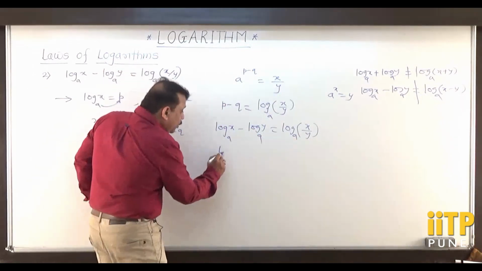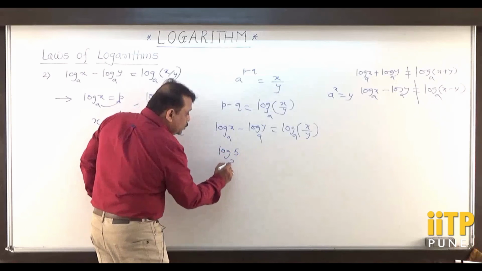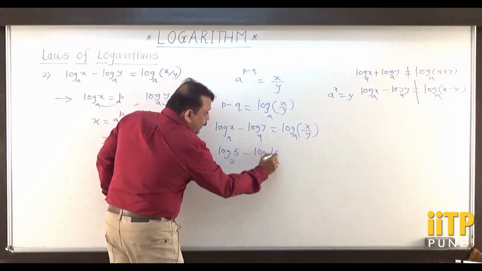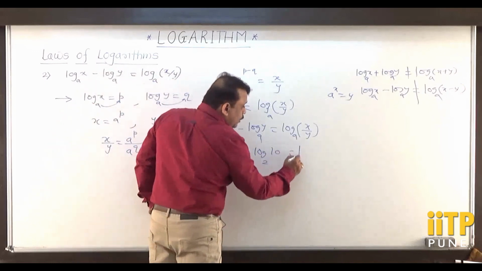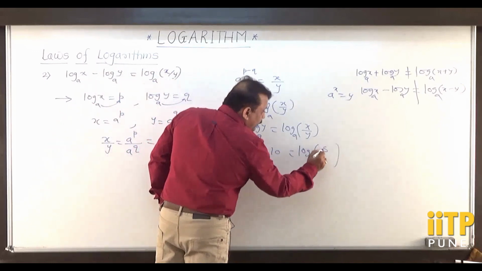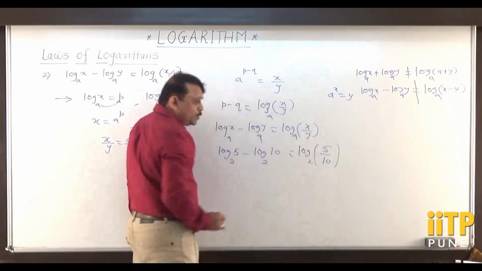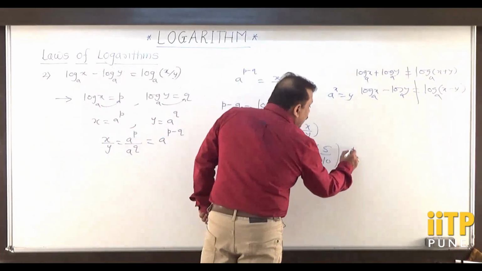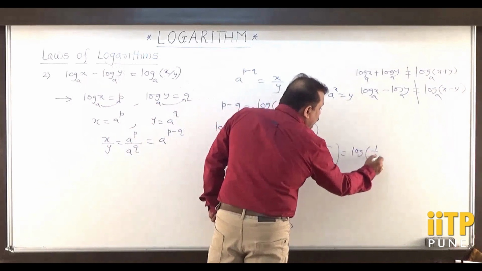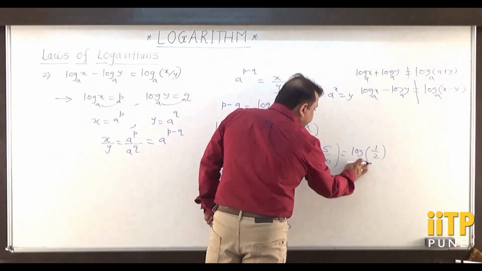For example, log 5 to the base 2 minus log 10 to the base 2. The base is the same, so I can write this as log of 5 divided by 10 to the base 2. Then you can calculate 5 by 10 as half. So this becomes log of half to the base 2.